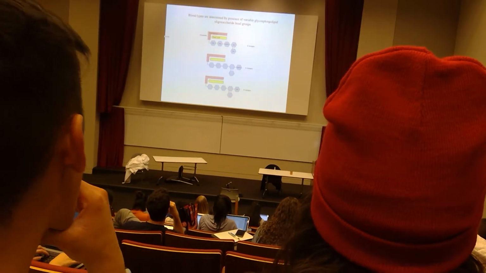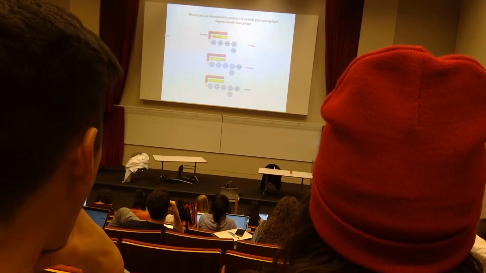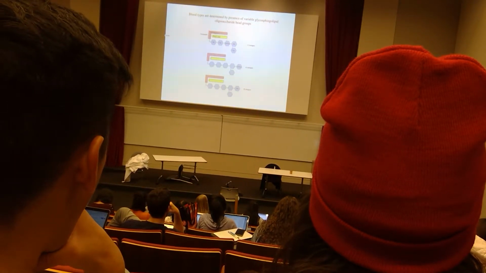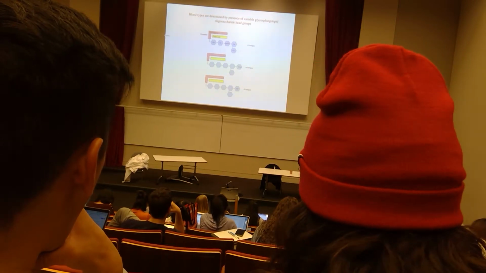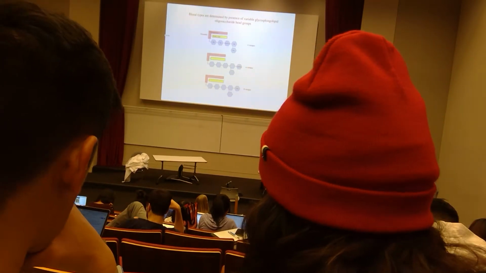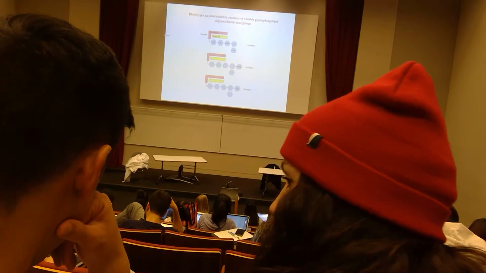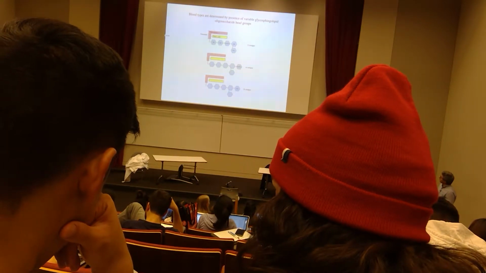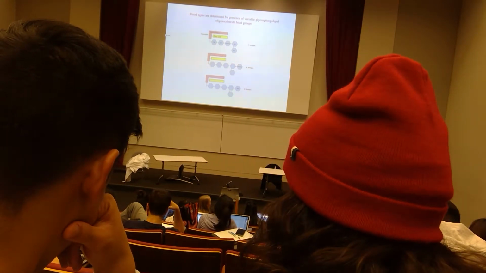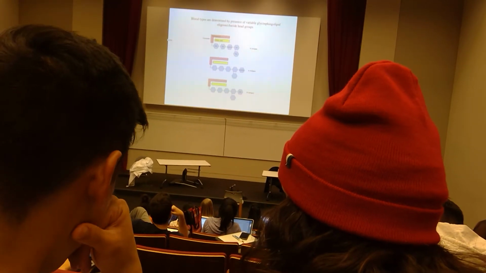So I think we talked before about the important biochemistry of oligosaccharide conjugates. The variable oligosaccharide presentation on glycosphingolipids will determine your blood type group.